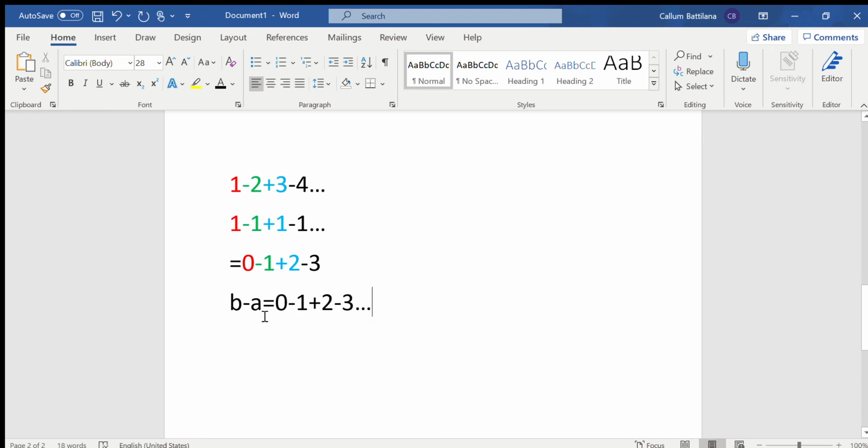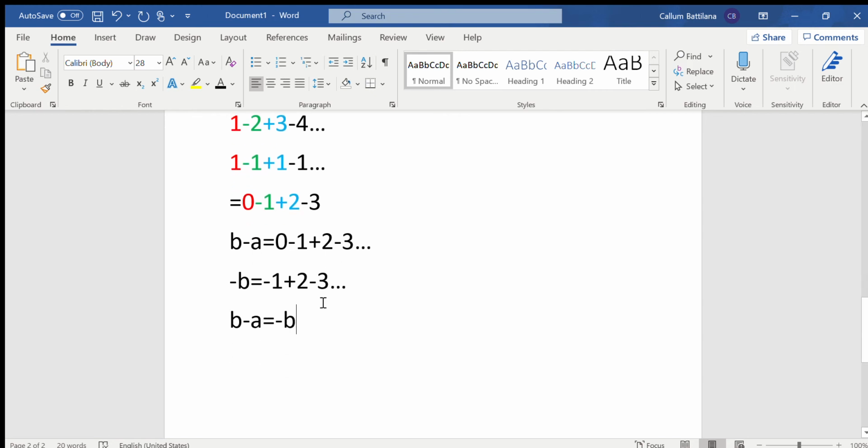If we multiply beta by minus 1, so if we have minus beta, it will be equal to minus 1 plus 2 minus 3 on. As you can see, this is exactly the same as beta minus alpha. So therefore, beta minus alpha must be equal to minus beta, right?